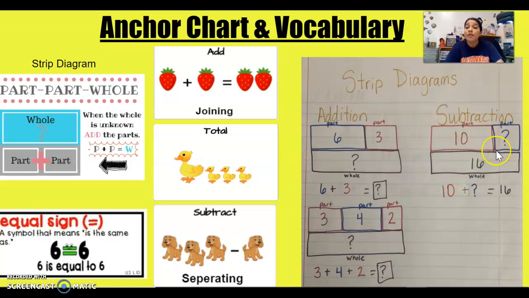When we are missing a part, just like we are here on our anchor chart, that means we subtract. When we are missing a part, what do we do? Subtract. Correct. So we have 10 plus our mystery number, which equals 16. In order to get our mystery number, we have to subtract these two numbers. Let's look at our word problem for today.